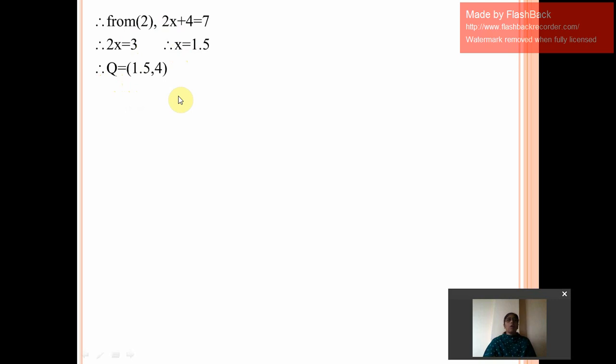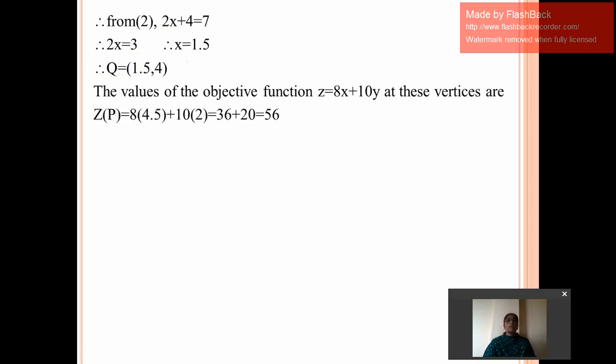The value of objective function z is equal to 8x plus 10y at these vertices of the feasible region. First point P is equal to (4.5, 2). Substituting 4.5 and y is equal to 2, 56.